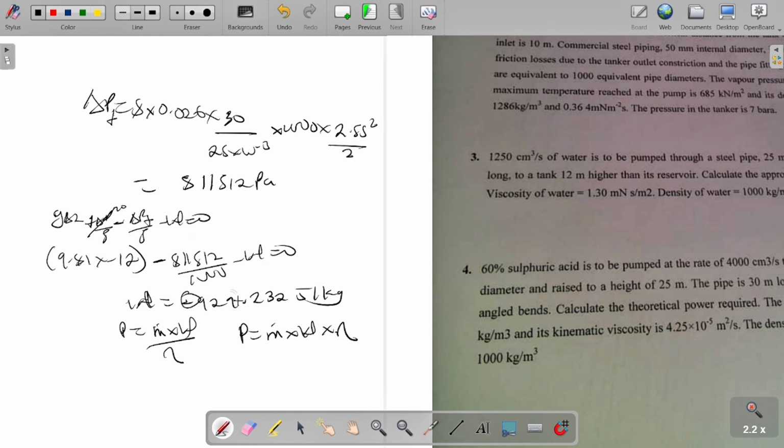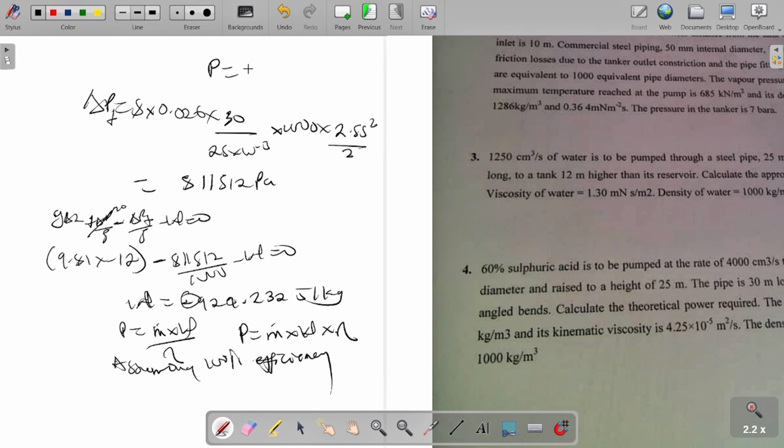So you have to know the difference between them so that you won't make a mistake. Since the efficiency wasn't given, we assume 100% efficiency to solve for the power.